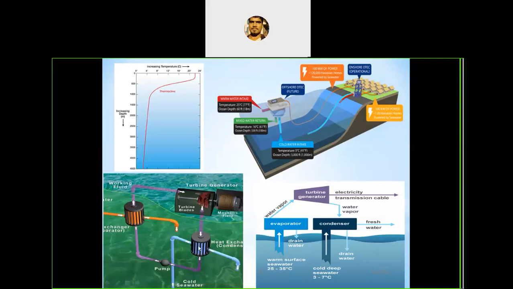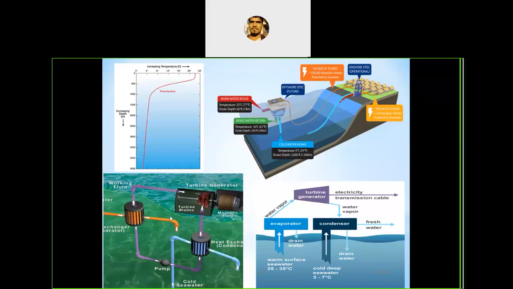The cold water absorbs the heat from the fluid, and the fluid changes phase from gaseous to liquid. So in the condenser the fluid is condensed. Then from the condenser it is pumped again into the evaporator. This is one cycle of the process.